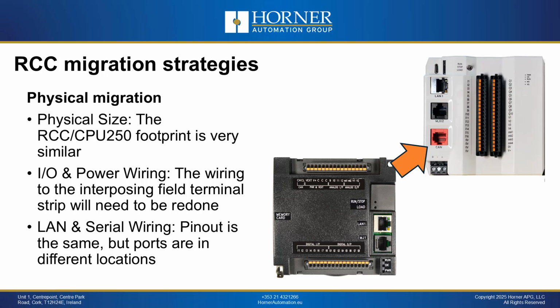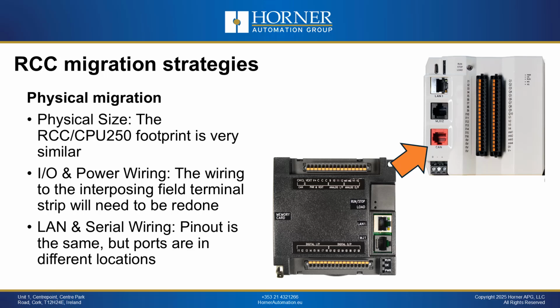Now, from a serial port wiring or an Ethernet wiring standpoint, the pin outs have not changed. There may be additional signals on the modular jack, for instance, that handles serial ports, but the signals that were there before for your RCC application are still in the same location for the CPU250.